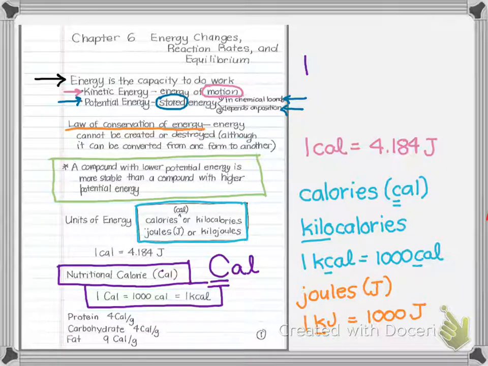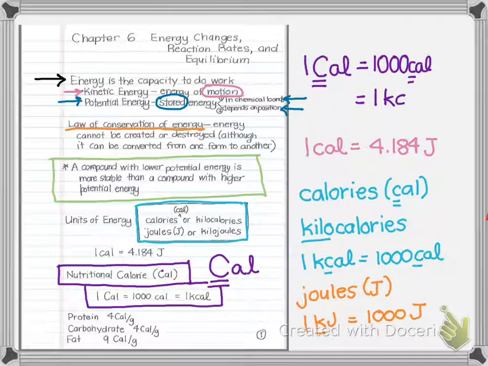I'll write it up here as well. So a nutritional calorie with a capital C is equal to 1,000 of the lowercase c. It's a little confusing, but don't make it more confusing than it is. It's just a nutritional calorie equals 1,000 of the calories that we're talking about, and 1,000 means kilo, so that would be 1 kilocalorie.